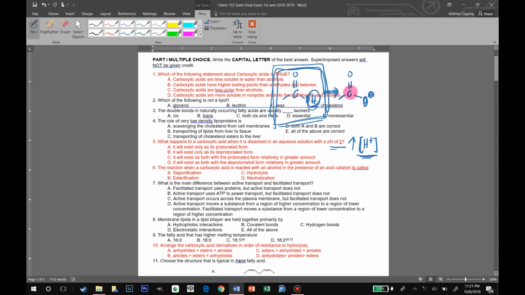So a trace amount of your deprotonated form is going to exist. Again, this process is in equilibrium. This is a forward and backward reaction. So this one, majority. This one still exists, but in a very small percentage. So the correct answer here should be letter C. It will exist as both the protonated form and deprotonated form, with the protonated form existing at a relatively greater amount than your deprotonated form.